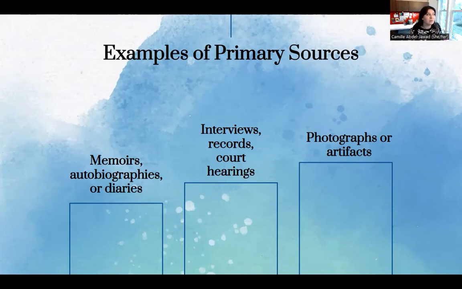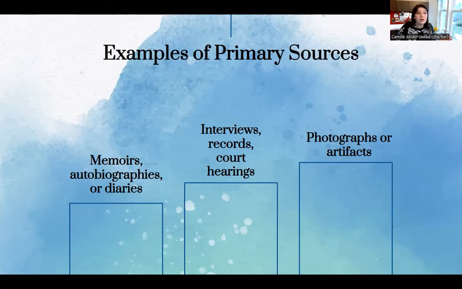If I found a record of a house being bought, or land being settled, maybe during World War II, that could be evidence I would want to use in my paper or research, and that would be a primary source because it's an objective source from the historical context. Also think about things like photographs and archives or artifacts, excuse me.